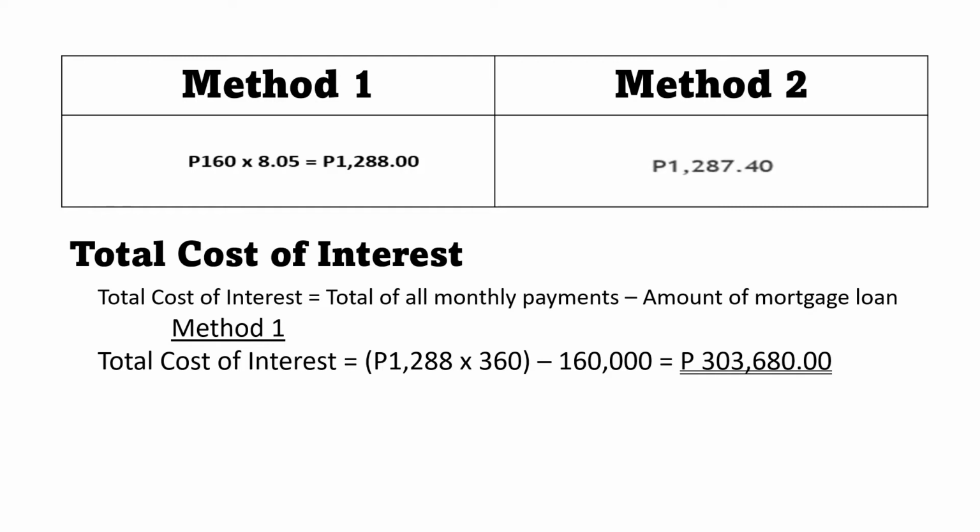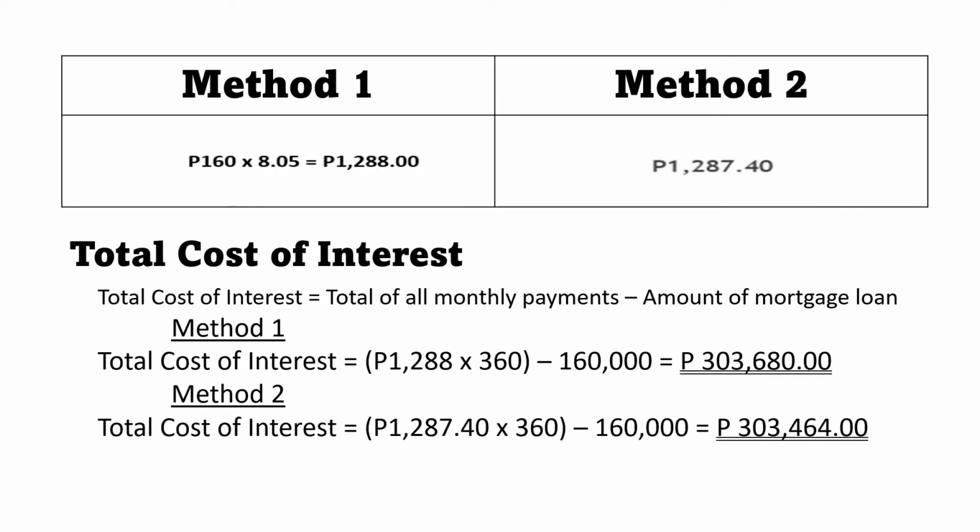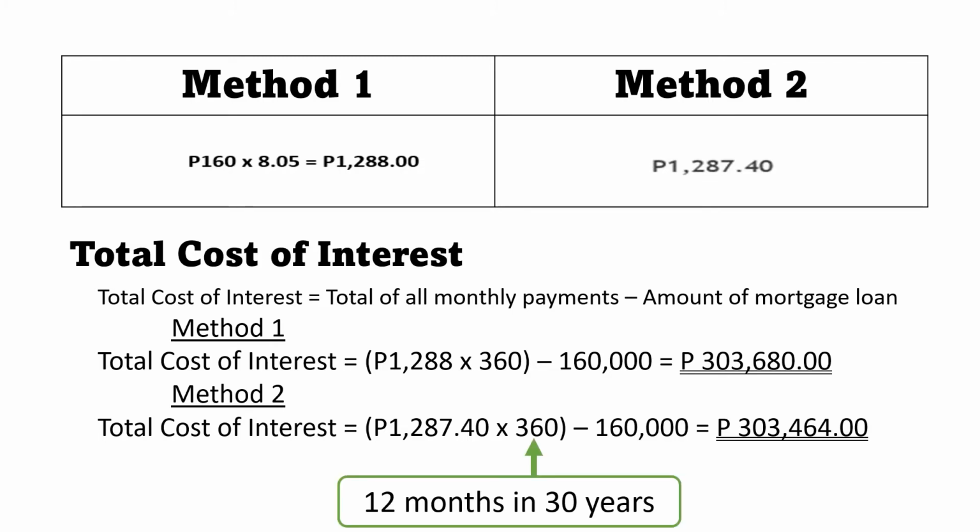And in method 2, the total cost of interest is 1,287 pesos and 40 centavos times 360, and that is 463,464, less 160,000 pesos. The total cost of interest is 303,464 pesos.